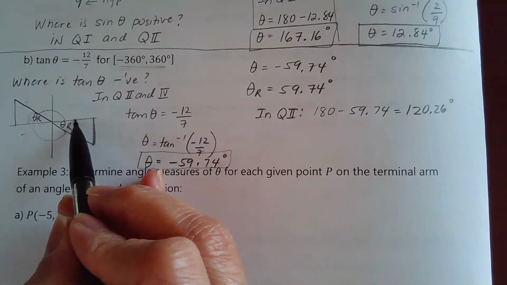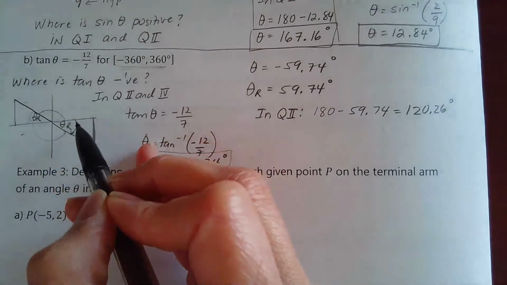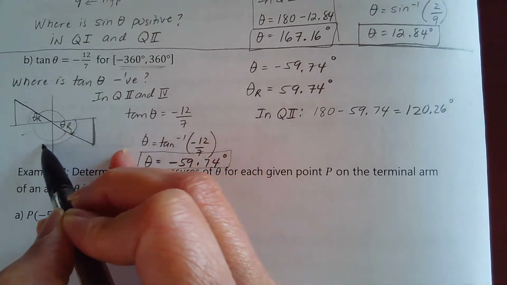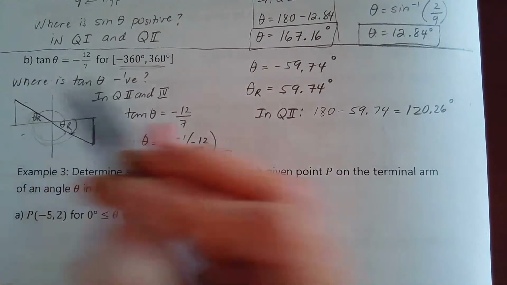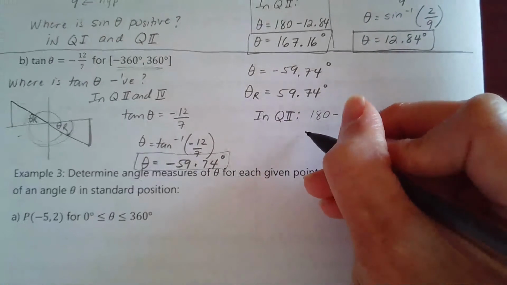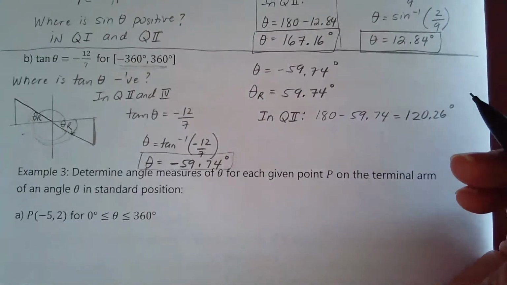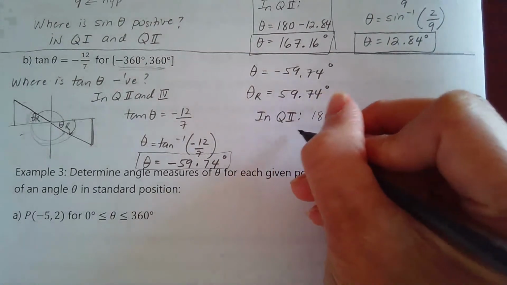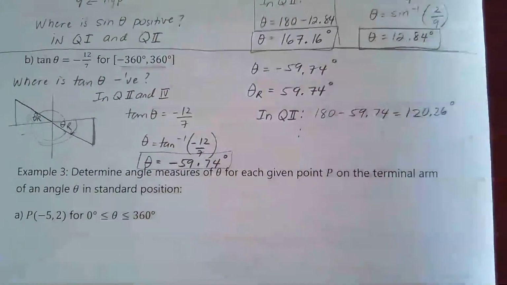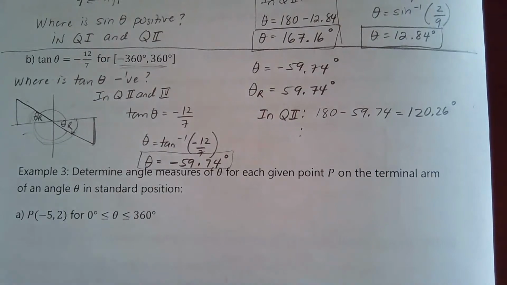What if we land in quadrant number 2, but we're going this way?